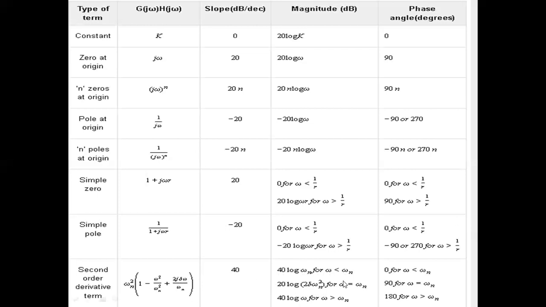So depending upon the value of omega n and its corresponding omega, you can take any of these expressions.